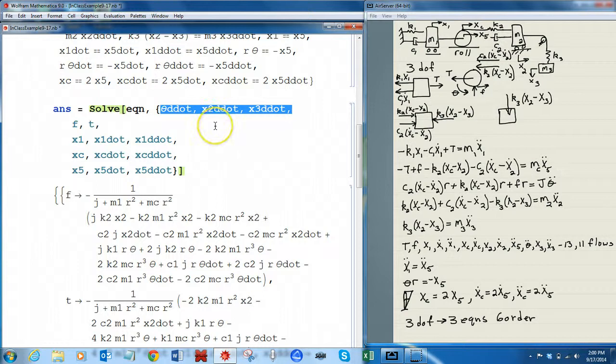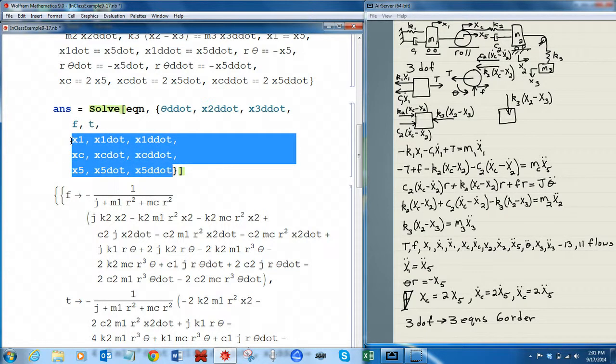Now I'm going to fill in everything else that I really don't care about, but it has to be solved anyway. F and T, obviously, so that gets me a total of 5. And then I'm going to have another 9 values to solve for, which are simply the other motions that come in from the kinematics. So I'm basically solving for x1, x1 dot, x1 double dot, xC, x5, and their derivatives.